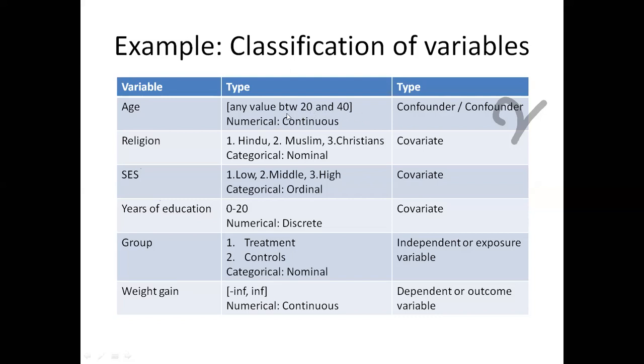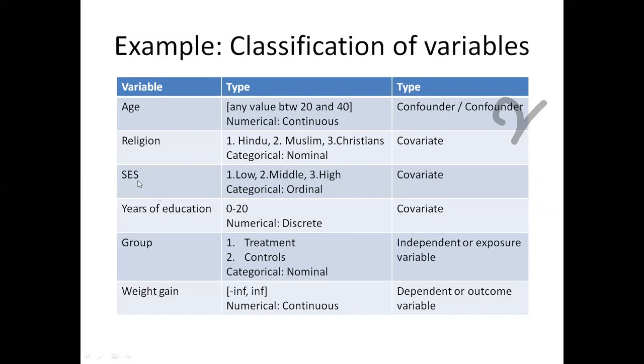So because it can take any value between its range, you consider it a numerical variable and further classify it as a continuous variable, right? And then you look at religion. The values it could take are probably three different categories of religion, and those categories do not have any inherent order. So you call them a categorical variable and further classify it as a nominal variable.